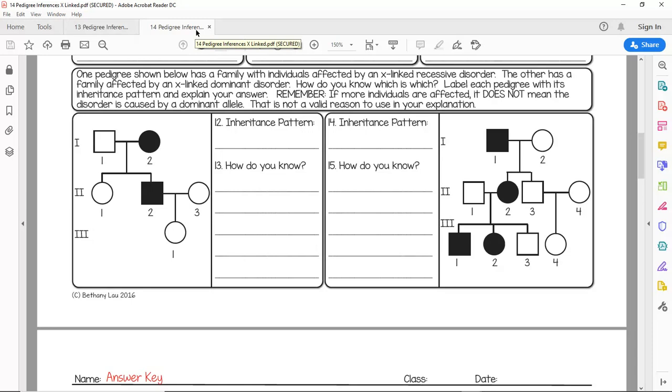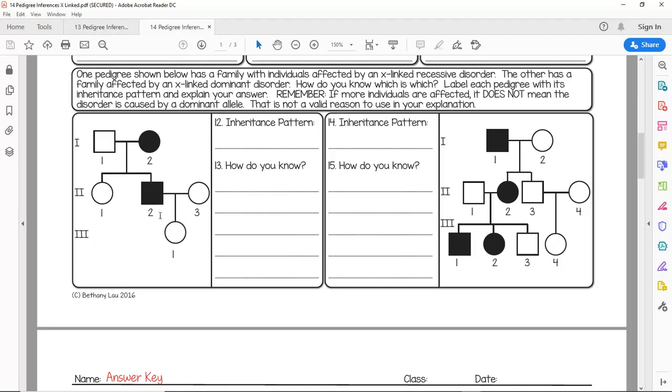So the one on the left is an X-linked recessive disease or disorder, and it must be recessive because the affected, in this case this person right here, has a daughter who does not have it.